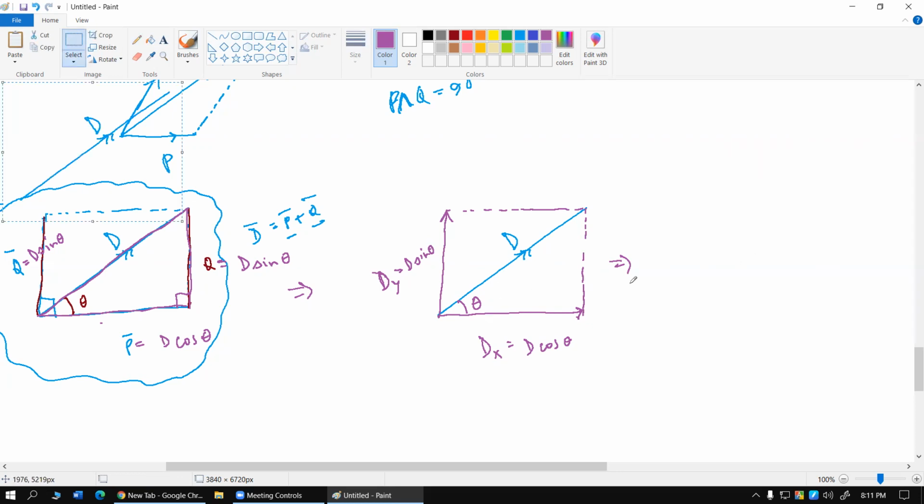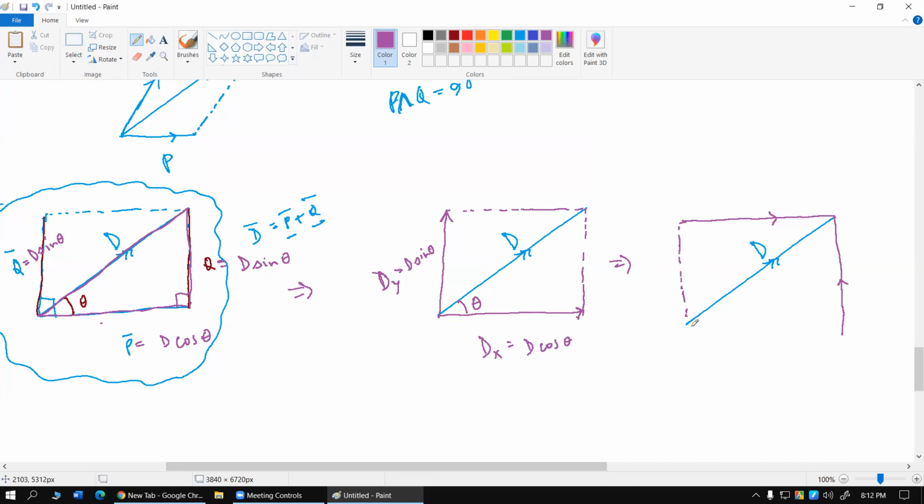So I'm going to have this same d vector over here, and let's say I'm going to show the horizontal component on the top, obviously as a vector, and the vertical component on the right side, and obviously as a vector. And they're going to produce a rectangle anyway. So I'm going to complete that rectangle by dotted lines on the other sides. So let's erase the additional part.